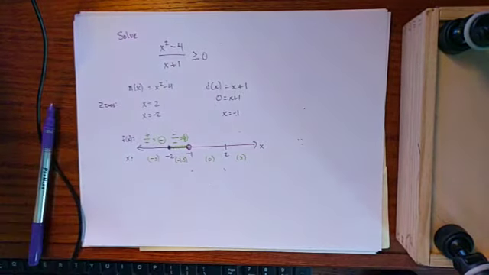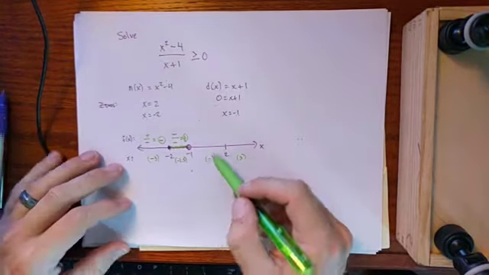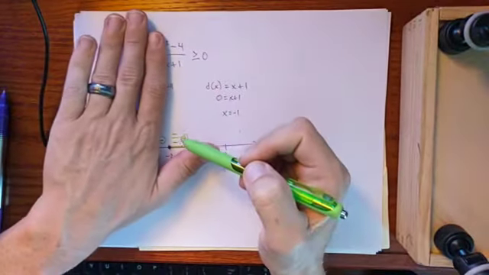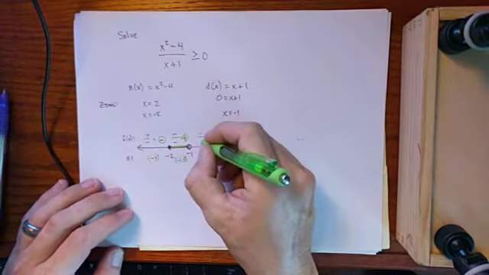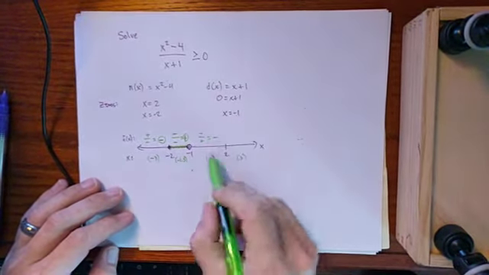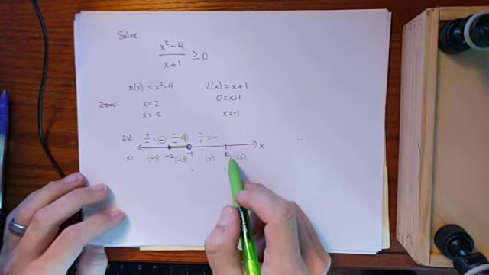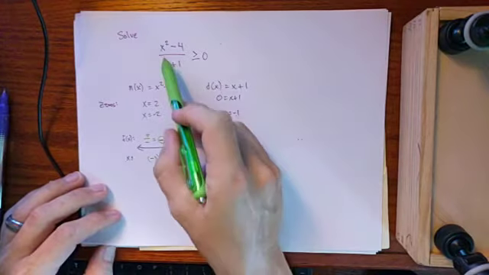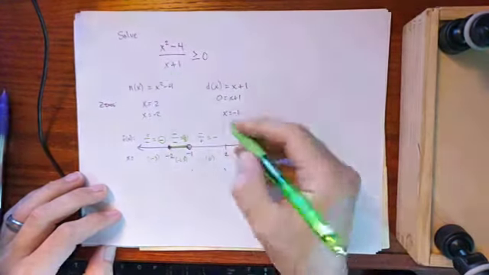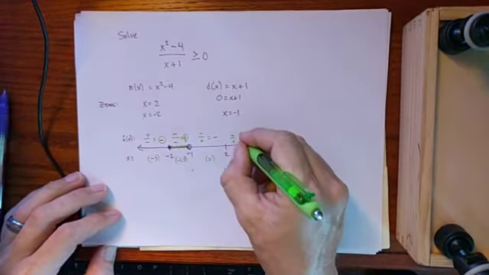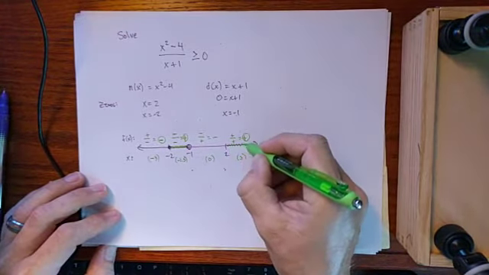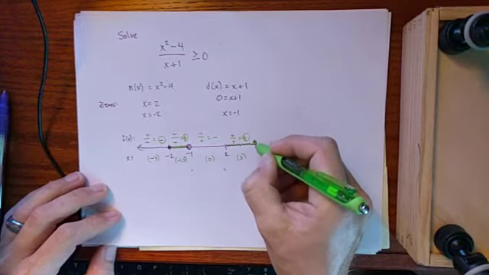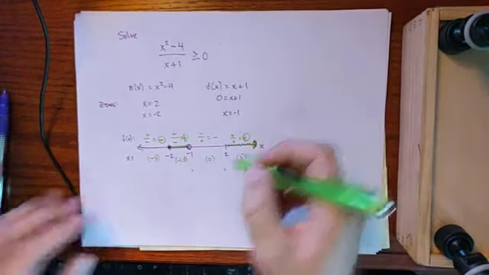All right, so let's keep on rolling here. If I put 0 in the place of x, that just erases all the x's, so I get negative 4 divided by positive 1, which is negative, so I don't want those. And then if I put 3 in, I get a positive divided by a positive, which is positive. So that's good. I can use everything past 2, including the arrow, right? Everything past 2.